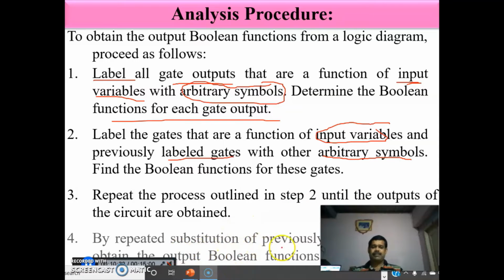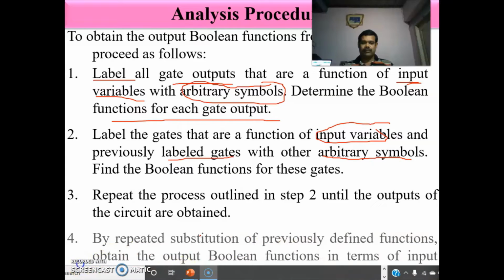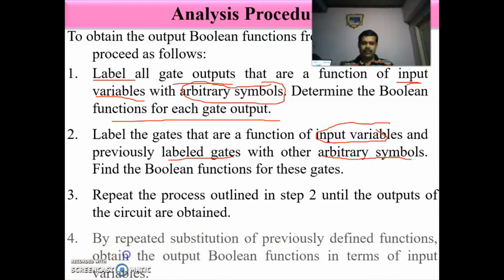By repeated substitution of previously defined functions, obtain the output Boolean function in terms of input variables. So the fourth step is by repeated substitution of previously defined function, obtain the output Boolean functions in terms of input variables.